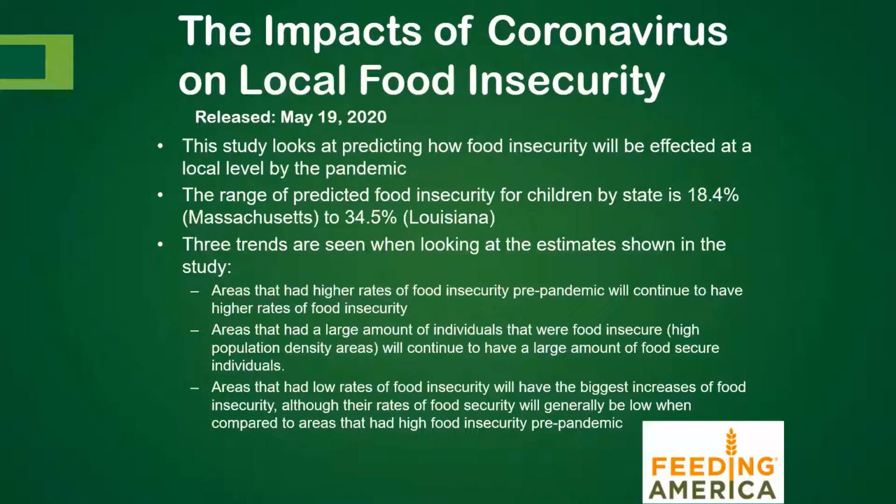One of the 3 trends the study noted was that areas that had higher rates of food insecurity pre-pandemic were going to continue to have higher rates during and post-pandemic. Areas with a large number of food insecure individuals, think high density populations like cities, were going to continue to have large numbers of food insecure individuals during and post-pandemic.